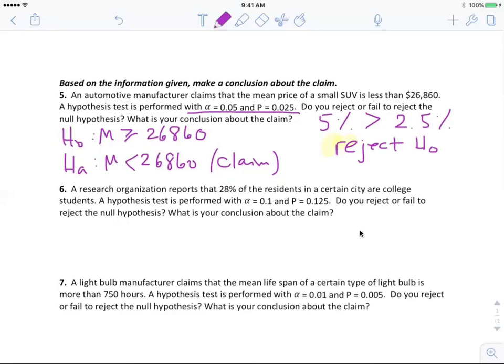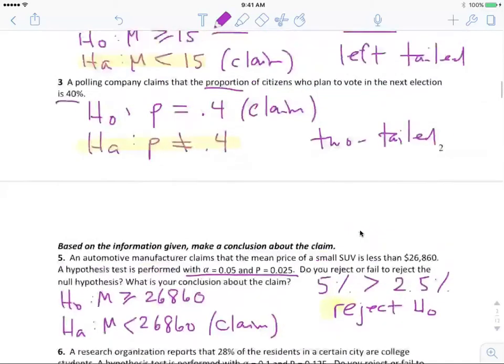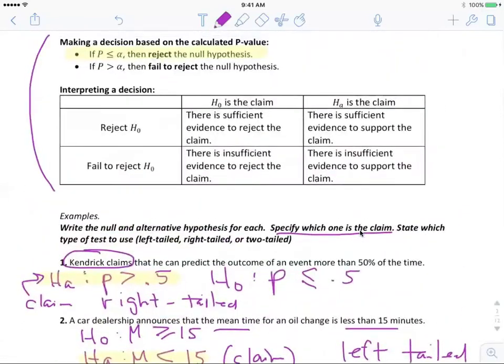Let's make our conclusion. Now, when you make your conclusion, the two things you're looking at are which one is the claim, and whether or not you rejected H sub 0 or failed to reject H sub 0. And then go back to that conclusion table. Okay? So for this number 5, I'm looking here now. Which one is it? Well, H sub A was the claim, and we rejected H sub 0, which means here is my final answer.